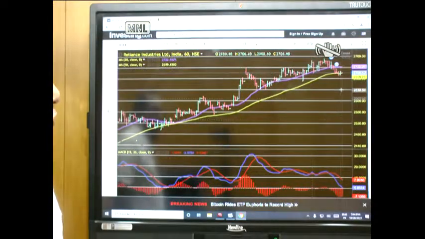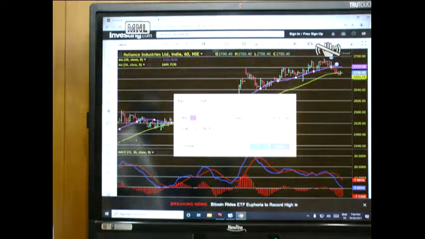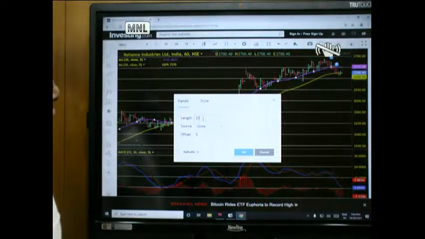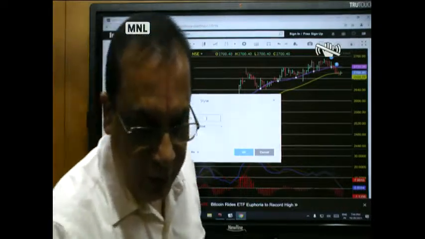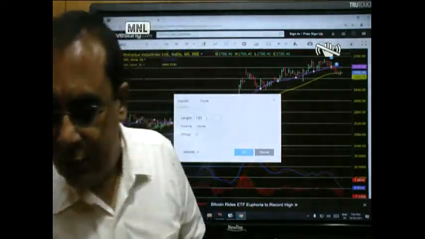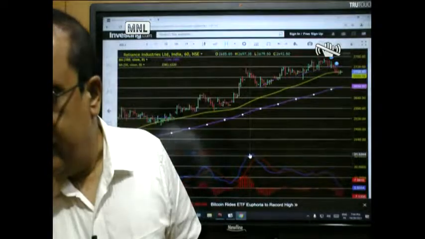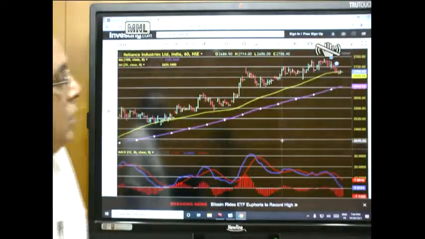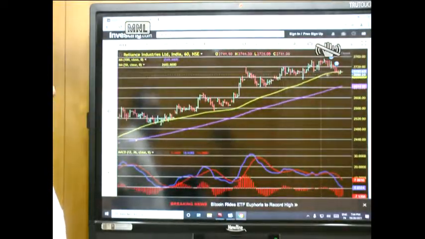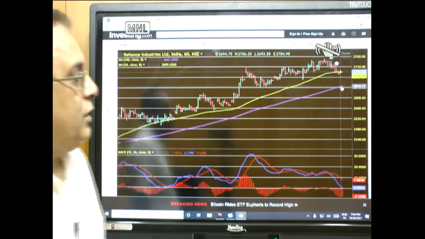And suppose this is going to be broken, the 50 moving average, normally it can come to the 100 moving average. So let's draw the 100 moving average and see where it is right now. Next thing will be a 100 moving average here in an hourly chart. Now, chances are that if 2692 is cut, it can have a fall right up to 2642, 43 levels.